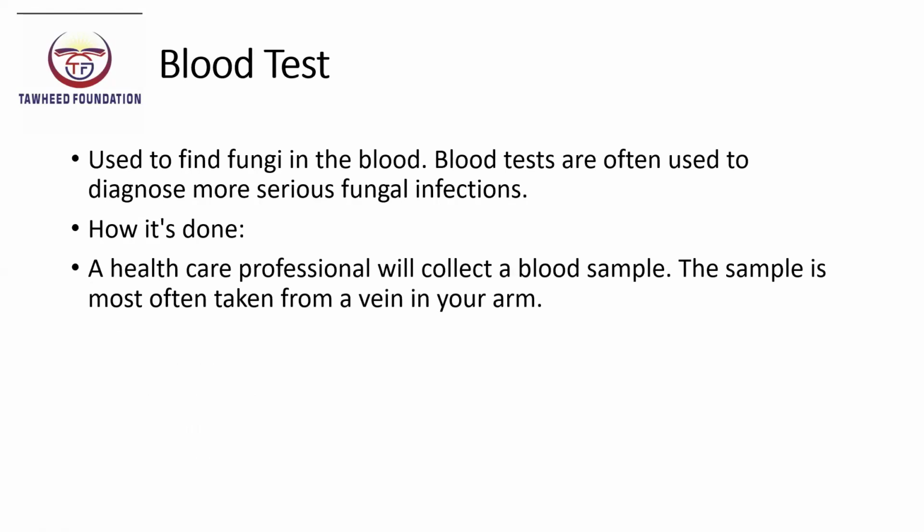The drop is allowed to spread along the edge of the slide. Then, using another clean slide held at the same angle, the blood is spread smoothly and evenly across the first slide to form a thin uniform smear. This thin layer ensures the blood cells and parasites are in an optimal monolayer for microscopic examination.